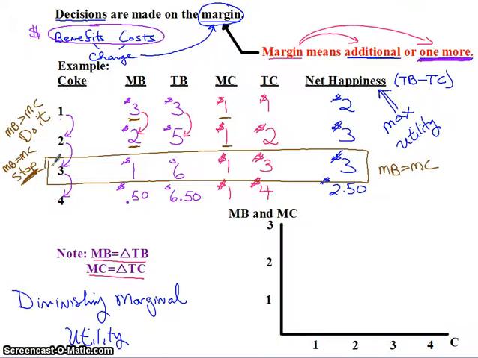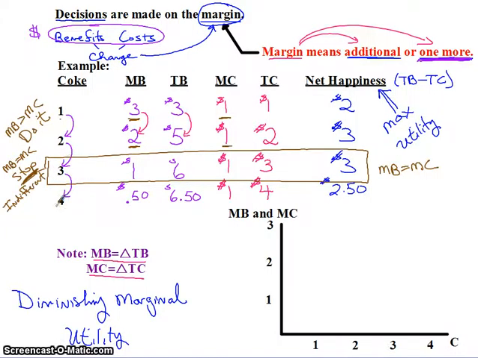So at that point, the economic term that we will use is we will say we are indifferent. I am indifferent about Coke number 3. Okay? Why? Well, I get $1 of benefit if I buy it, but I also have to give up $1 to get it. So I don't really care either way. That's where we stop.